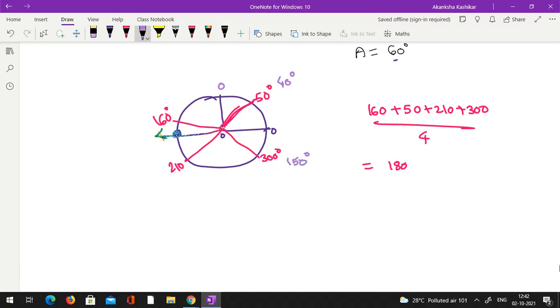Then this is 180 plus 60, so 240 degrees. And this is 270 plus 20, so 290 degrees. Correct? In the second measurement system, these would be the readings. And now what is the mean? 290 plus 40 plus 150 plus 240 divided by 4. So how much is this?